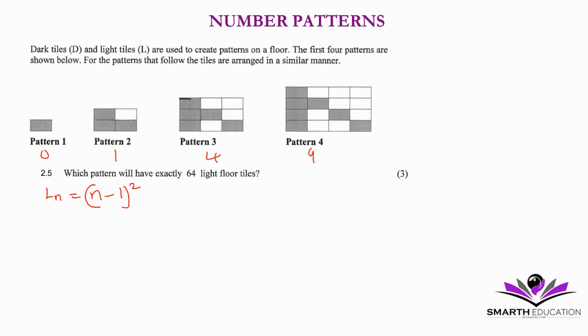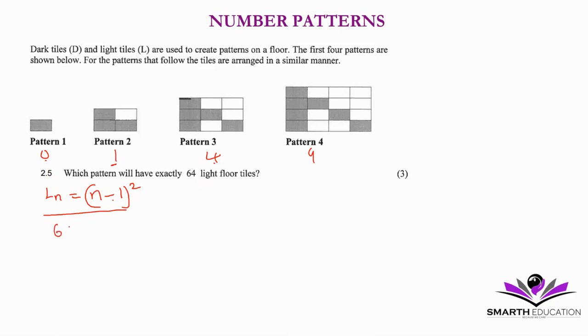Like we say, 1 minus 1 is 0, 0 squared is 0. 2 minus 1 is 1, 1 squared is 1. 3 minus 1 is 2, 2 squared is 4. 4 minus 1 is 3, 3 squared is 9. That's why we say (n minus 1) squared: subtract 1 from the term number and then you square the answer. That's the general term. So now the question is, which pattern will have exactly 64 light floor tiles?